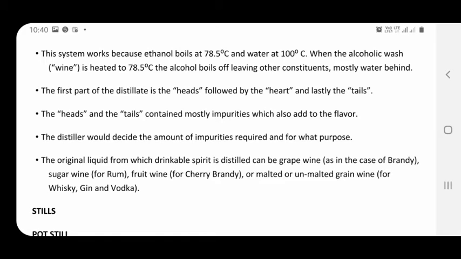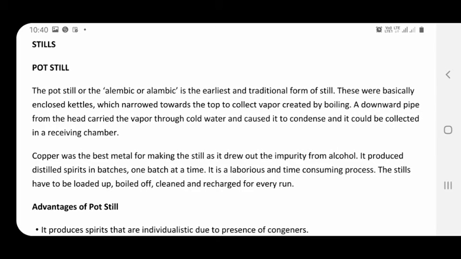A downward pipe from the head carried the vapor through cold water and caused it to condense, and it could be collected in a receiving chamber. Copper was the best metal for making the still, as it drew out the impurities from alcohol. It produced distilled spirit in batches, one batch at a time. It is a laborious and time-consuming process. The still has to be loaded up, boiled off, cleaned, and recharged for every run.